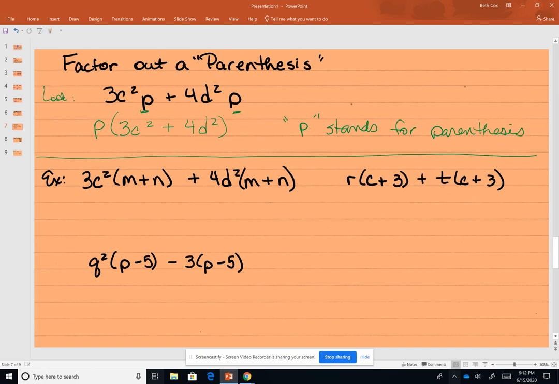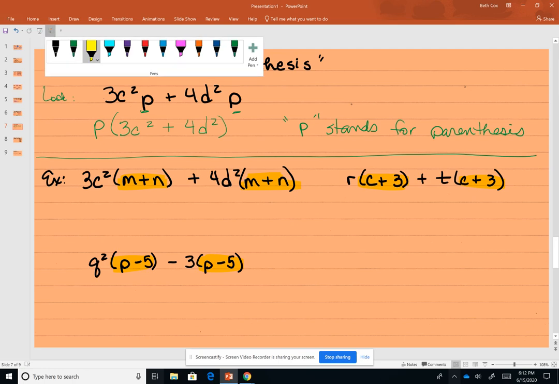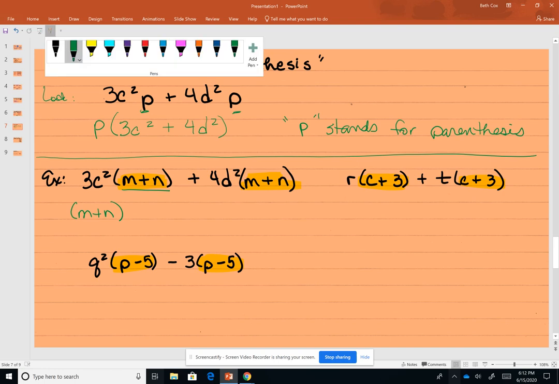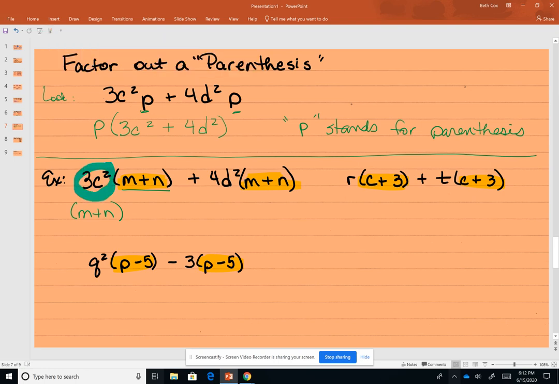All right, so now look. Parentheses is what's common. Each one of those, the parentheses are common. That's what the p stands for. So it's the parentheses that's common, and then the leftovers, see, this same problem right here.